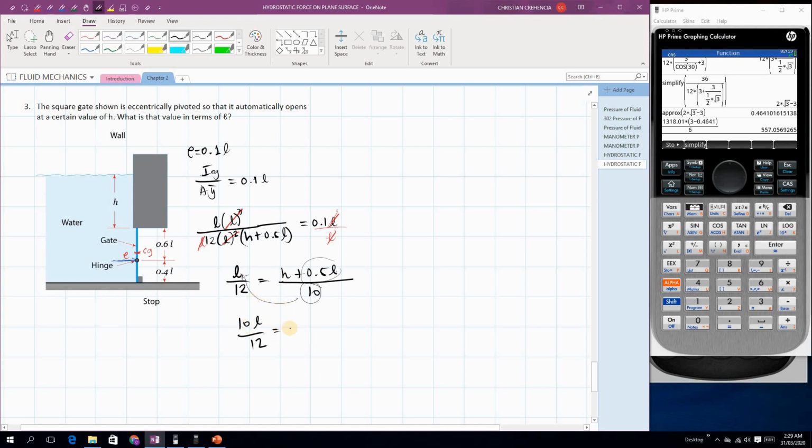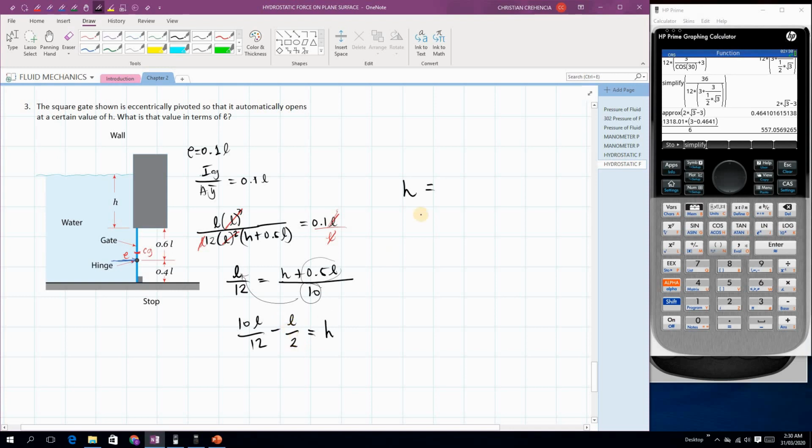Then, this will be equal to, minus muna natin yung minus 0.5 L is L over 2, which is equals to H. Then yung height H natin, kung gagawin natin 12, L over 2 is 6 over 12. Tama?